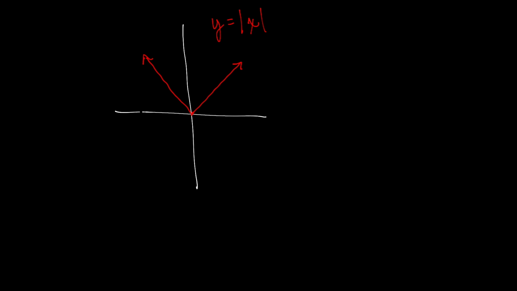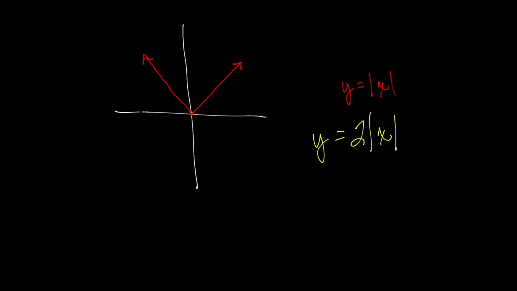Let me go ahead and select here. I'm going to move this out of the way. I'm going to change this to, say, y equals 2 times the absolute value of x. So now what we're doing is taking this absolute value of x function value and increasing it by a factor of 2.